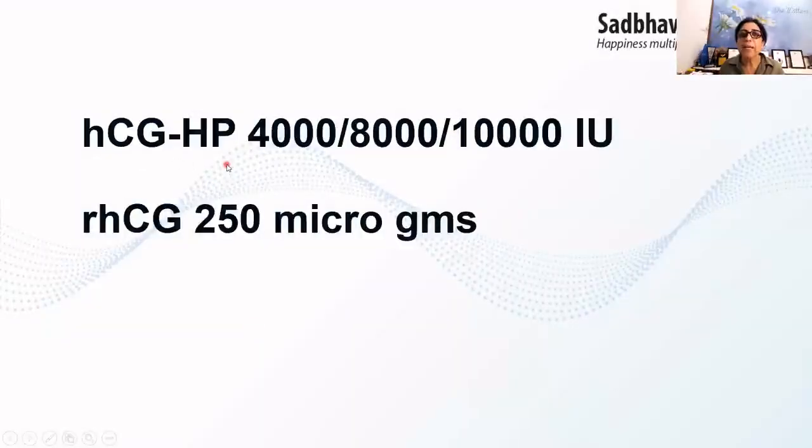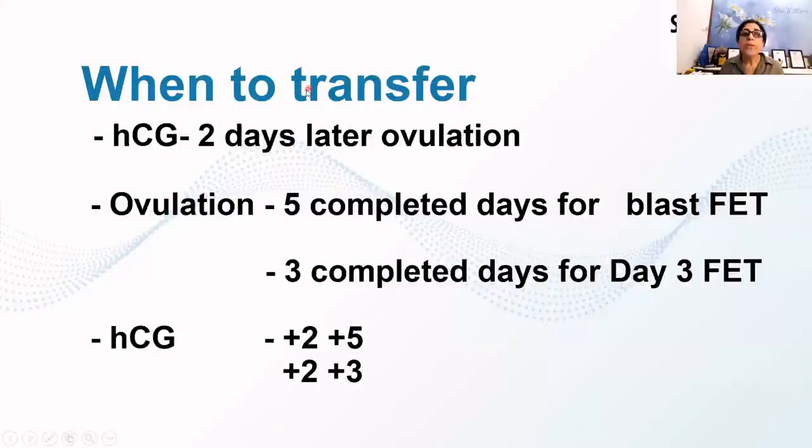So there is no standardization. It's all on your practice, whatever your experience is. In literature, all doses have been given: 4,000, 5,000, 8,000, 10,000 IU of HCG, and the recombinant HCG, 250 micrograms. Everything has been reported. So when to transfer? The transfer would be 2 days later, 36 to 48 hours after the HCG trigger.